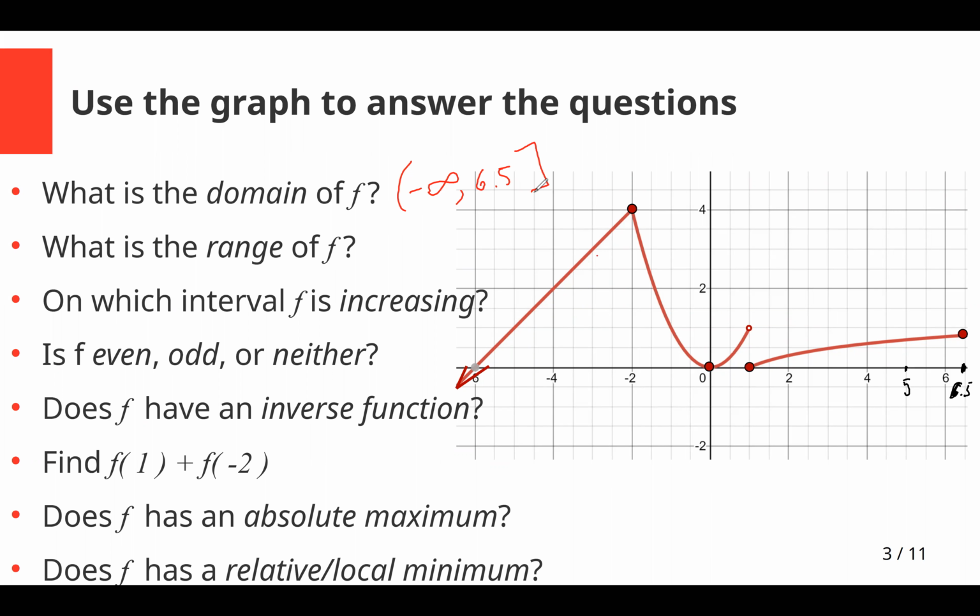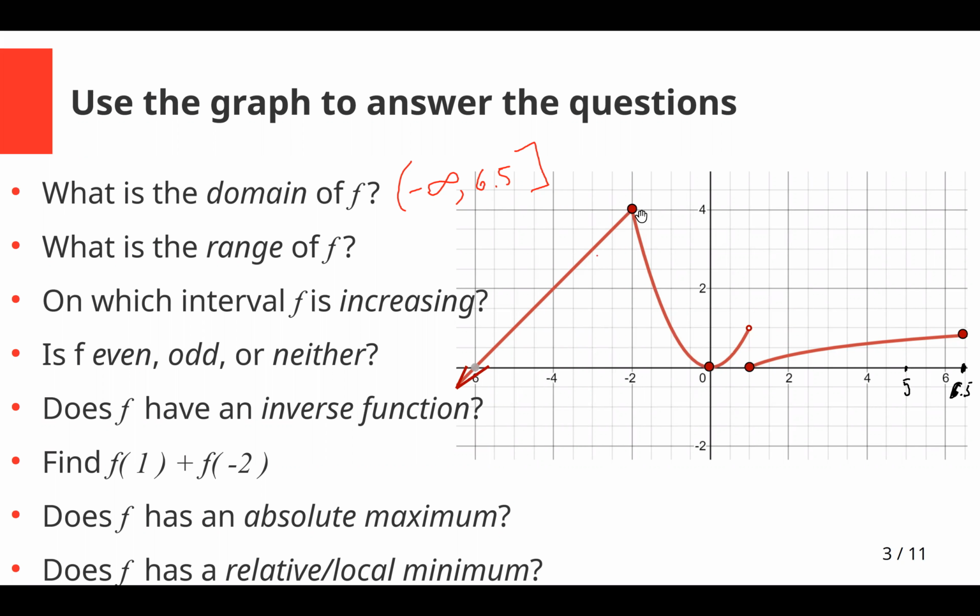Excellent. Now, let's talk about the range. Same situation here. The range is all the y values, right? All the values that the function can get. And what we have over here is, it can get the value of 4, it can get the value of 2, it can get the value of 0. So it can get these values, right?